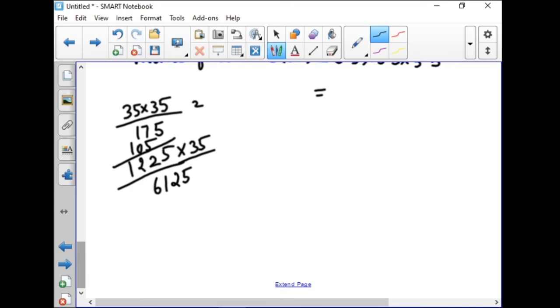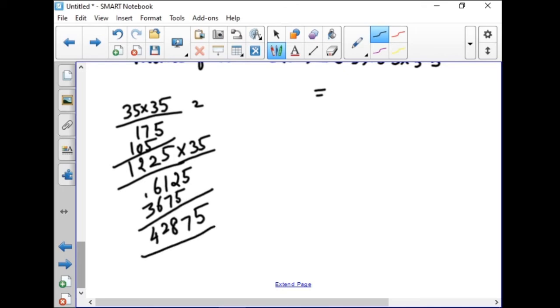Then 3 into 1225. 3 5s are 15, balance 1, 3 2s are 6, 6 plus 1 is 7, then again 3 2s are 6, 3 1 is 3. So what do you get remaining? 5, 7, 8, 12, balance 1, so 4.